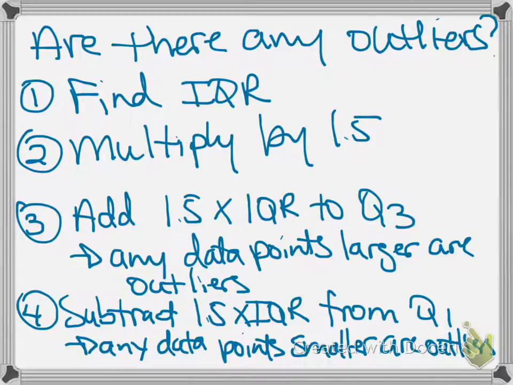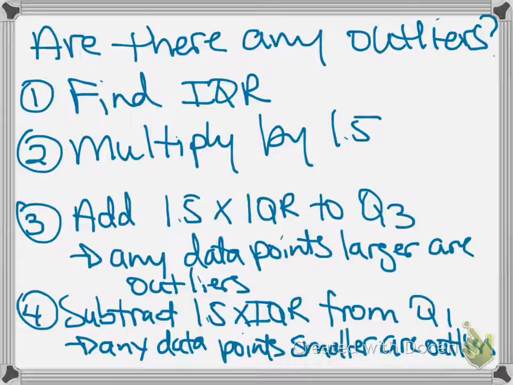Okay, so there are a bunch of notes on this slide, so you might want to jot these down. These are the steps that you're going to need to go through to determine whether or not your data set has any outliers. So the first thing you're going to need to do is calculate the IQR, which is what we just talked about. Again, that is the interquartile range, and you find that by taking your quartile 3 value and subtracting from that your quartile 1 value.